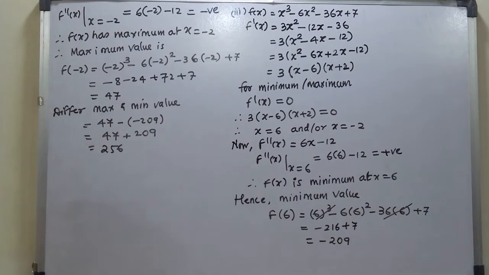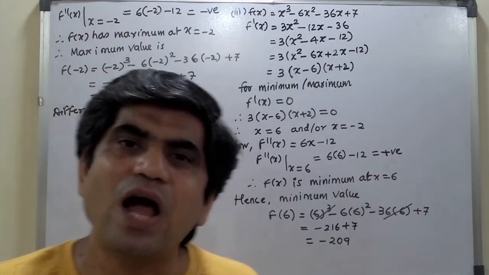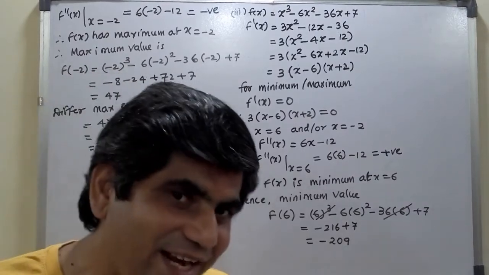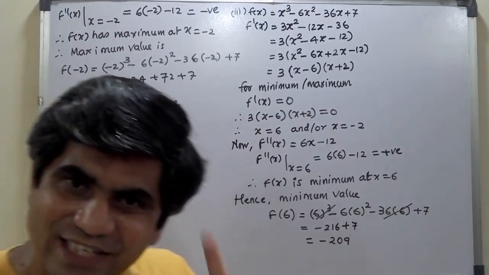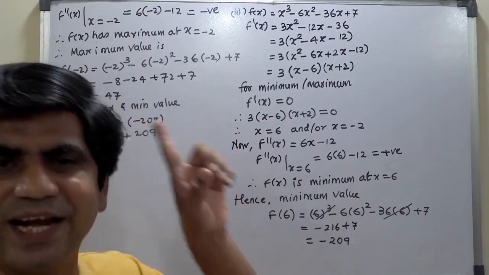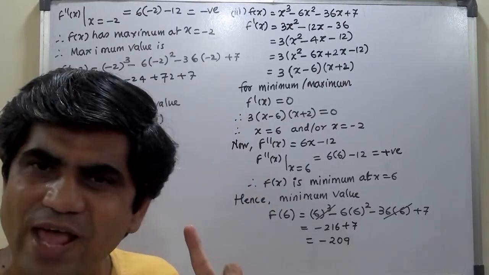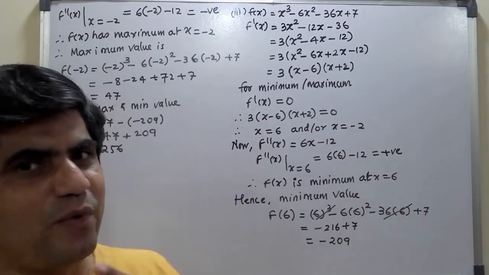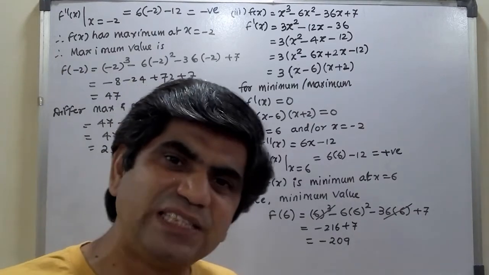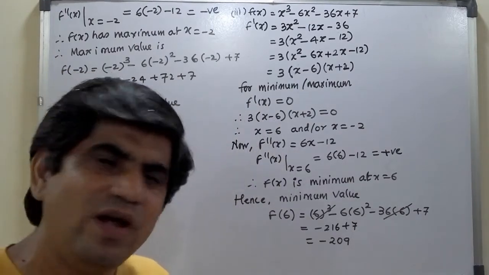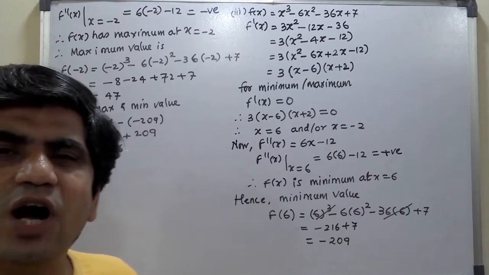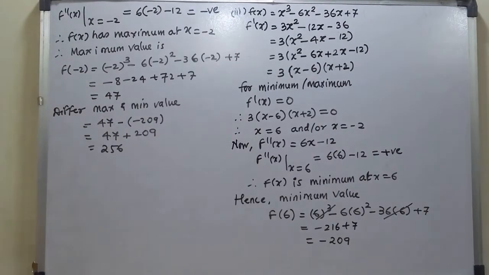What type of question it was, we are not interested in that, but we found out where it is increasing, where it is decreasing, the critical points, where it is maximum, where it is minimum, the maximum value, the minimum value, and also the difference between the maximum value and minimum value.